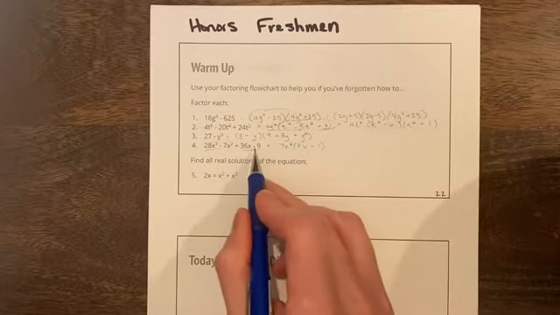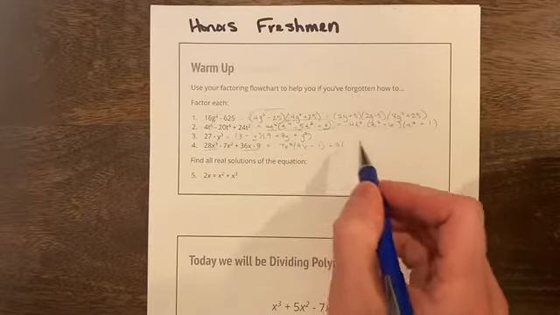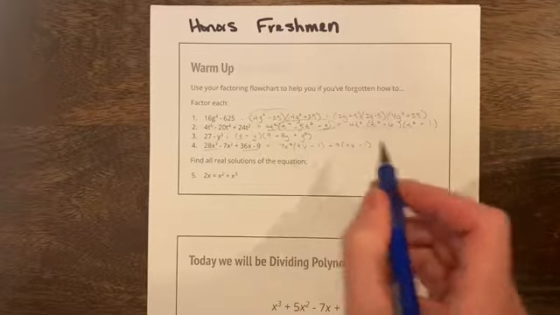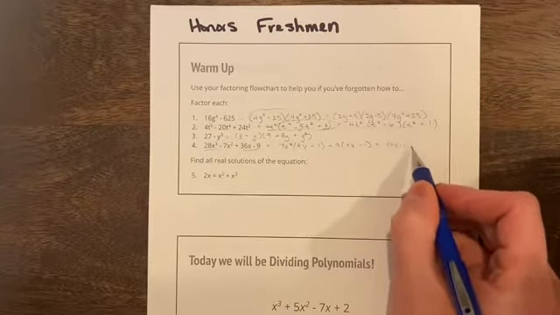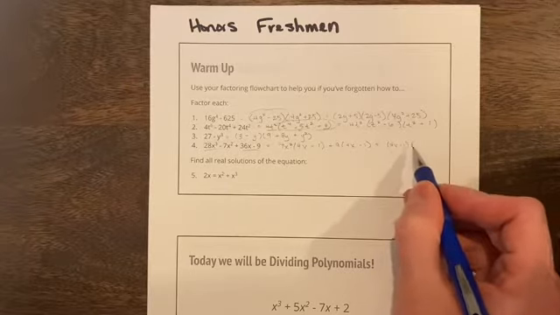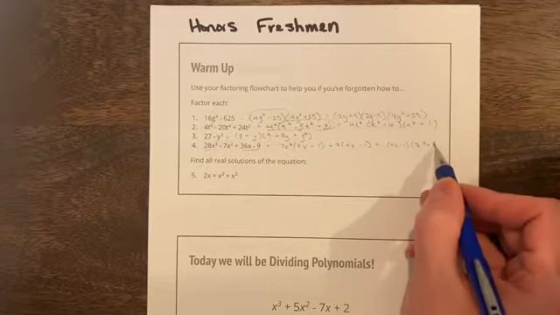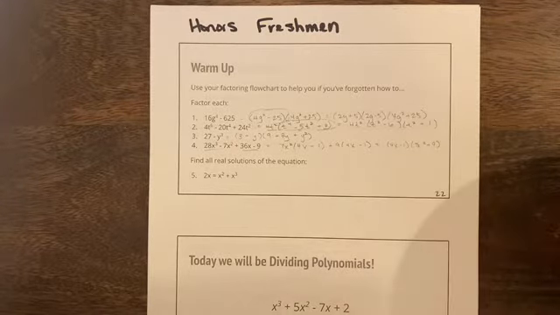GCF of the next 2 terms is going to be a positive 9. If we factor that out, we'll be left with 4x minus 1. We see that repeated factor, so we can factor that out as the new GCF, and we're left with 4x minus 1 times the quantity of 7x squared plus 9. Neither of these are factorable any further, so that's our final answer.